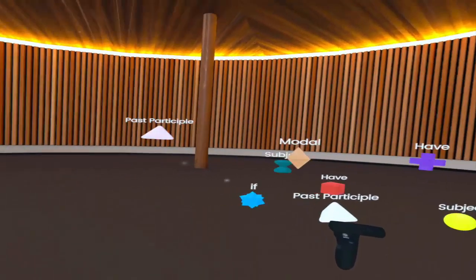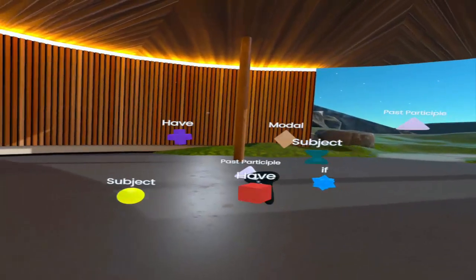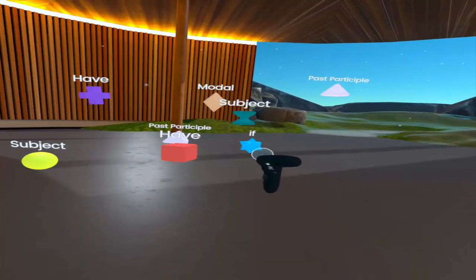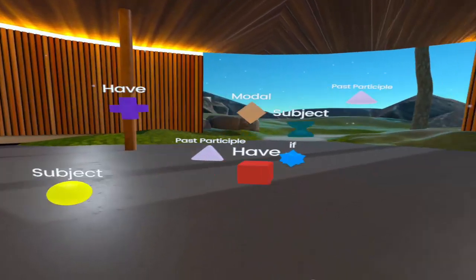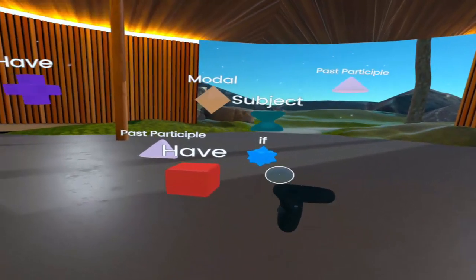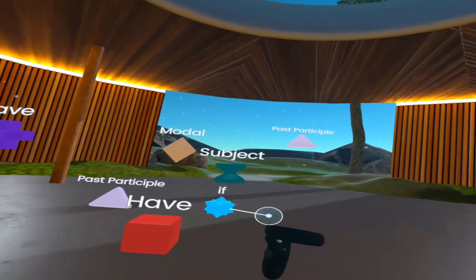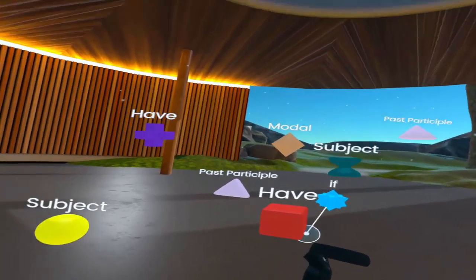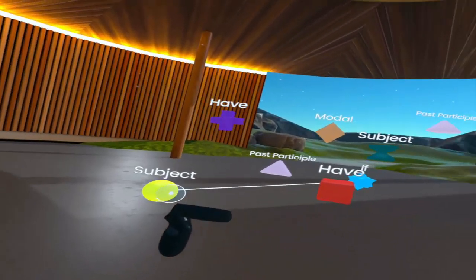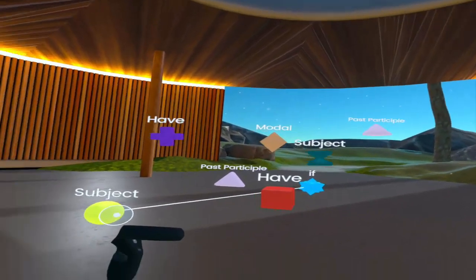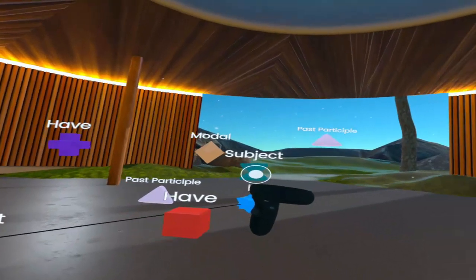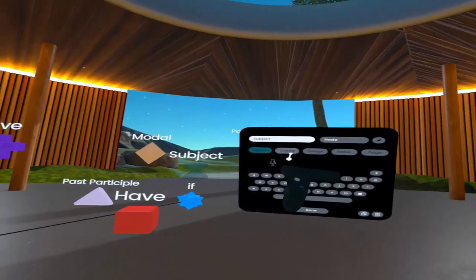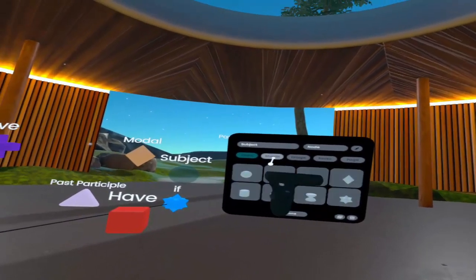You could get them to again reflect on what was the order that they previously saw, testing their memory, a key part of learning. I've selected all of the objects here, as you can see, and I'm connecting now if to what's the next part? There we go, subject. So what we're doing is just visualizing in a different 3-dimensional way in this virtual immersive space, a way that you could connect all of the dots.